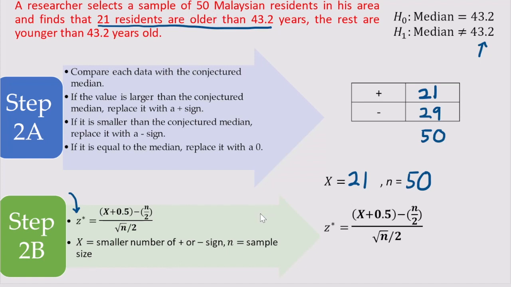And to calculate the test statistic, or z star, we simply take x, 21, plus 0.5, minus 50 over 2, divided by the square root of 50 over 2.